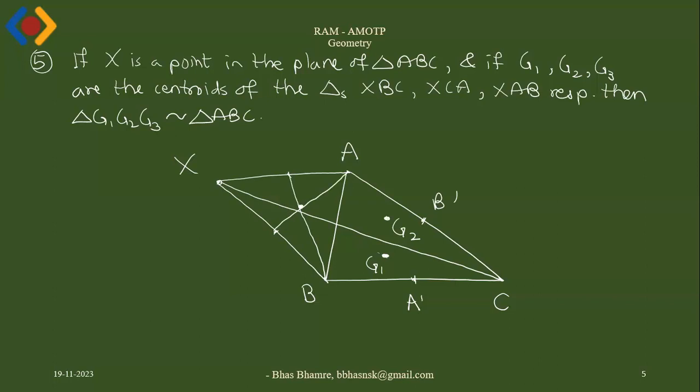It is not on that XC. Remember, this is G3. Then it is said that triangle G1G2G3 is similar to triangle ABC.